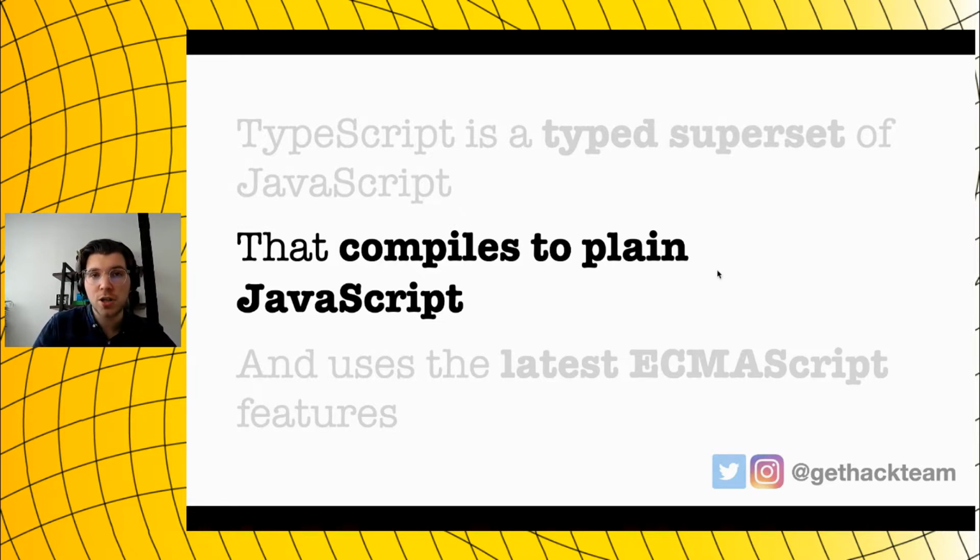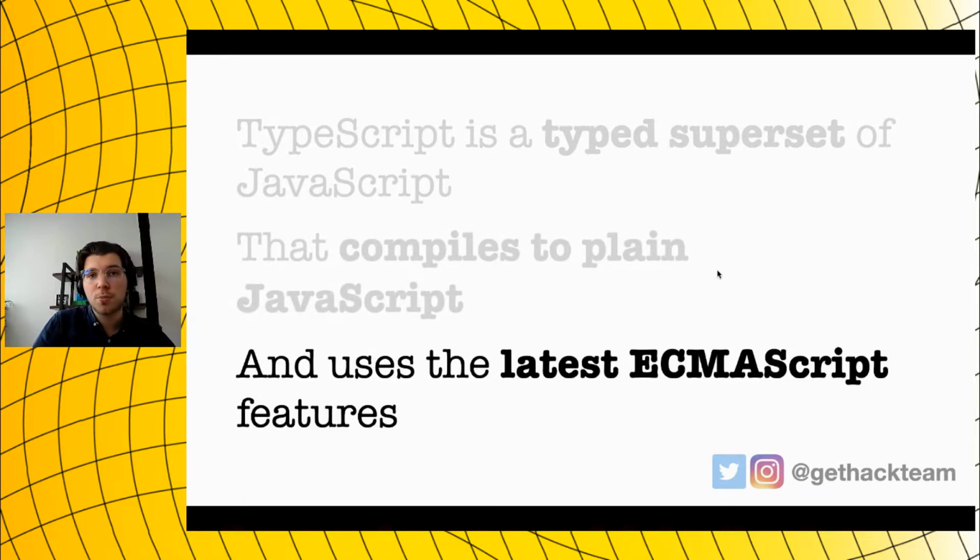This is something you're going to see in the exercises later on, but it can help you compile to all sorts of JavaScript. For example, ES5 or ES6 or ES2020, what we call today modern JavaScript. And it's up to you to decide which kind of compilation you want.